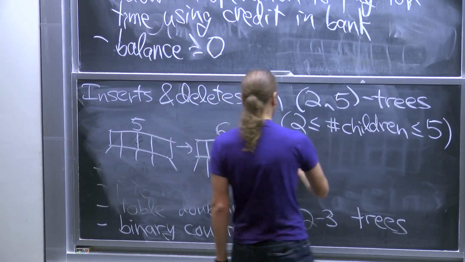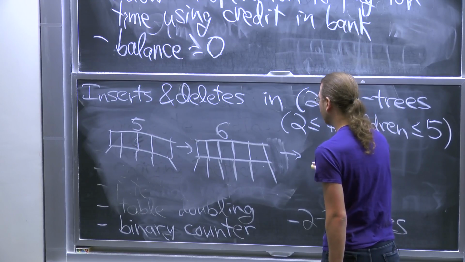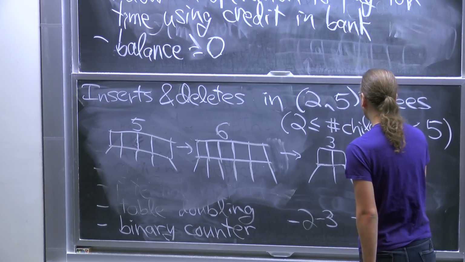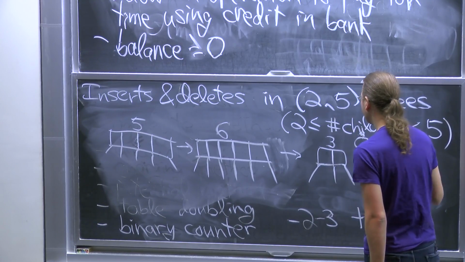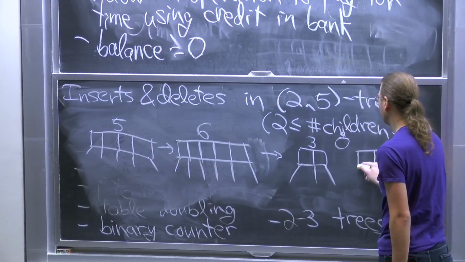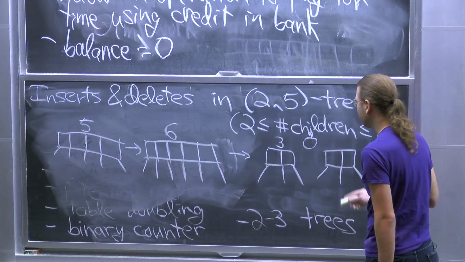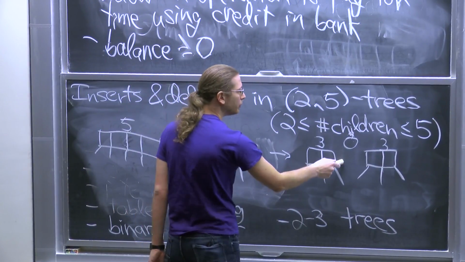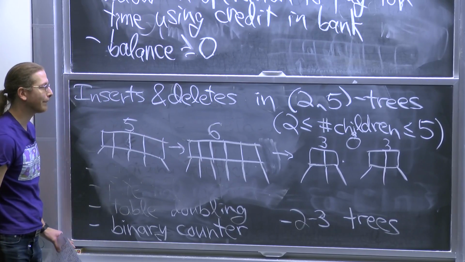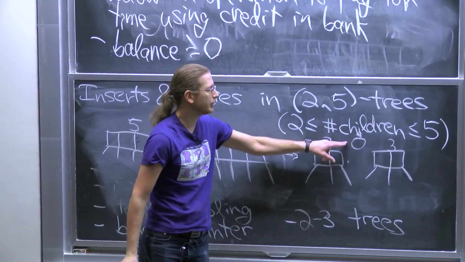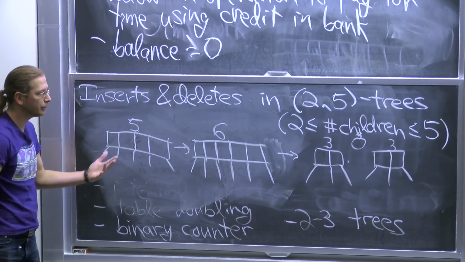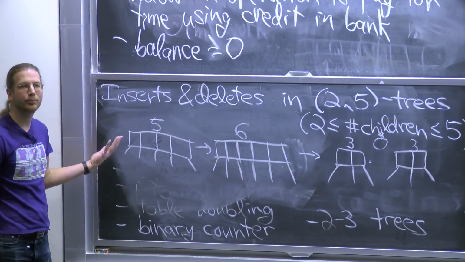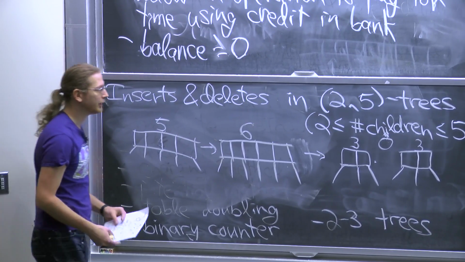So I'm going to split it in half, which is going to leave a 3 node and a single item which gets promoted to the parent, and another 3 node. OK, so we started with a 5 node, and the result was 2 3 nodes. OK, that's split. And we also contaminate the parent a little bit, but that may lead to another split, which will look like this again. And so if we're just doing insertions, fine, we just count the number of 5 nodes. No different, right? But I want to do simultaneously insert and delete.